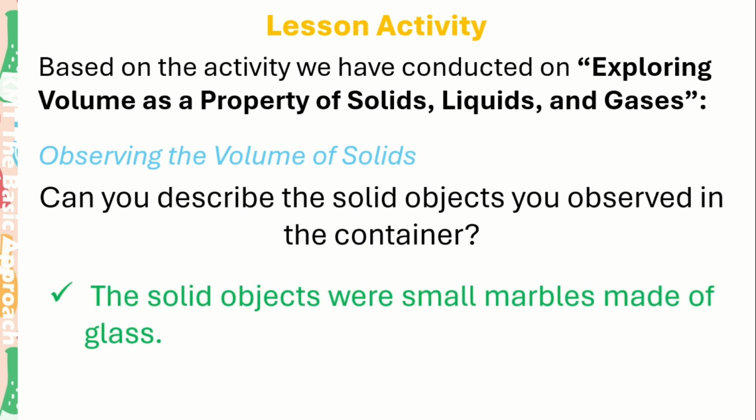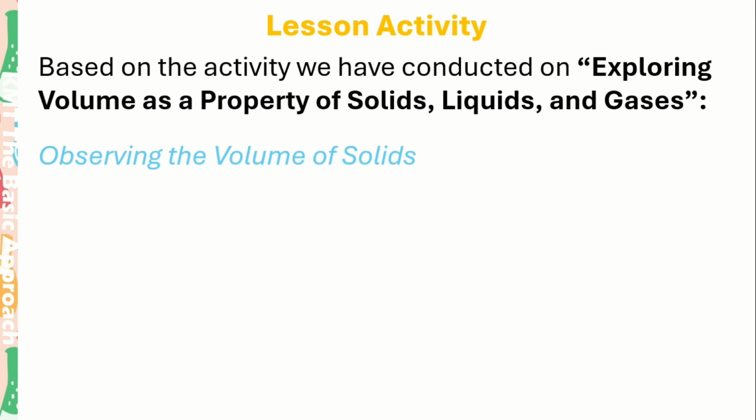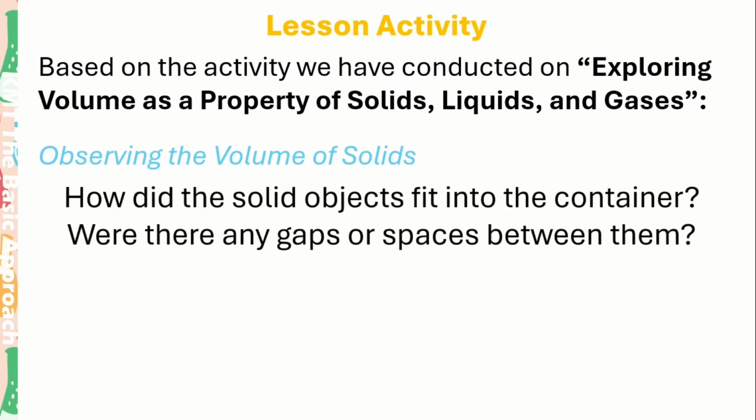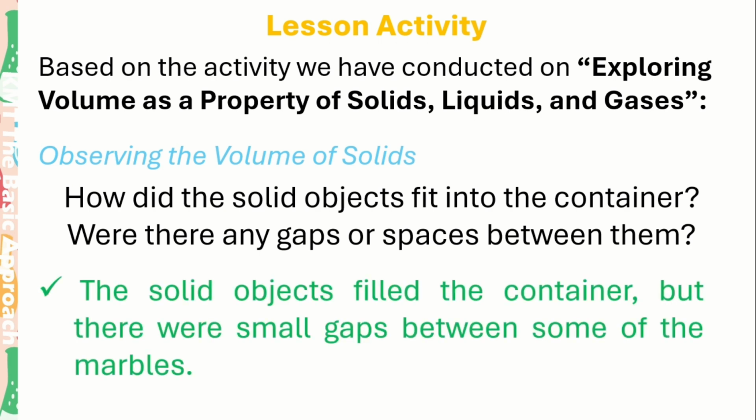The solid objects were small marbles made of glass. How did the solid objects fit into the container? Were there any gaps or spaces between them? Good job! The solid objects filled the container, but there were small gaps between some of the marbles.